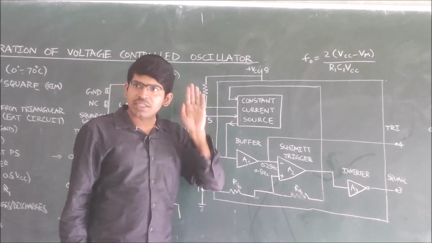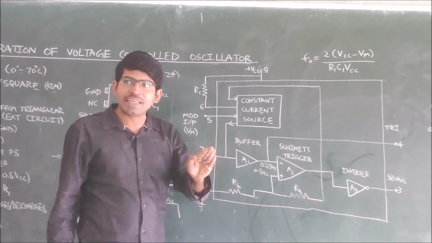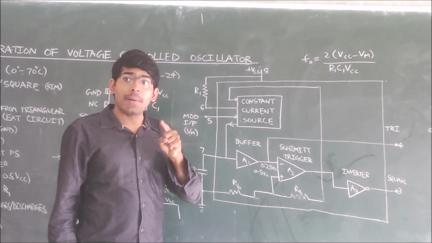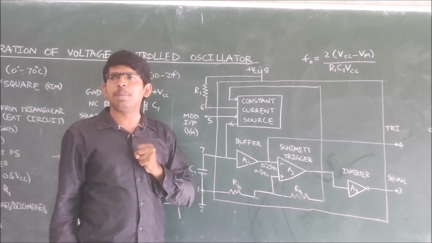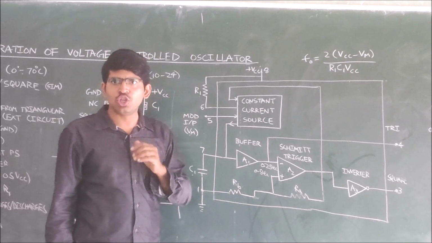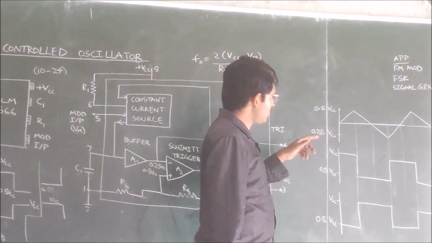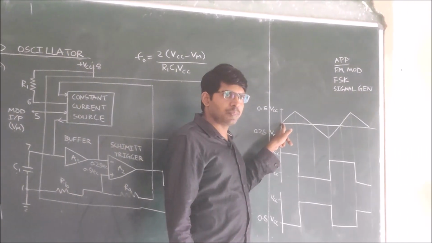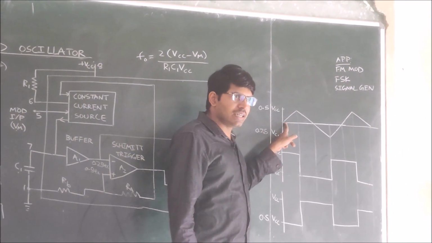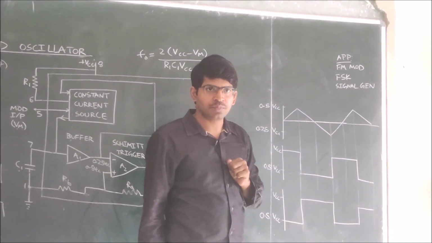Because it is giving constant current, the capacitor rises linearly, from 0.25 VCC to 0.5 VCC. From this you can see, the capacitor is rising linearly but not exponentially.